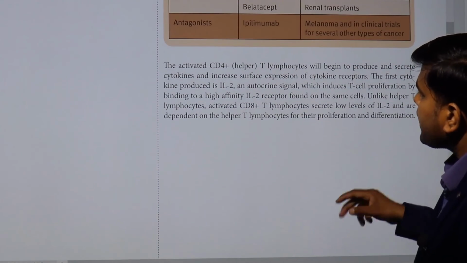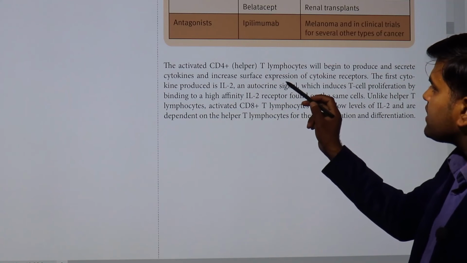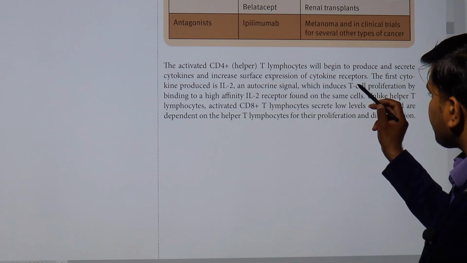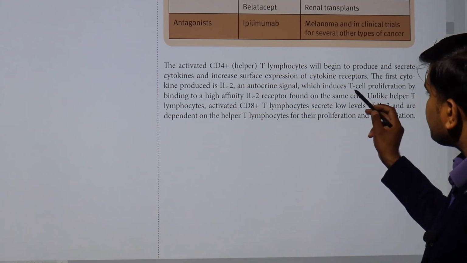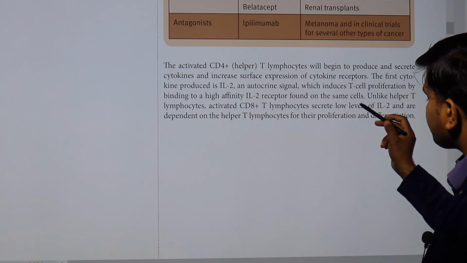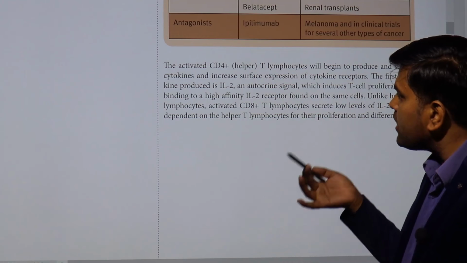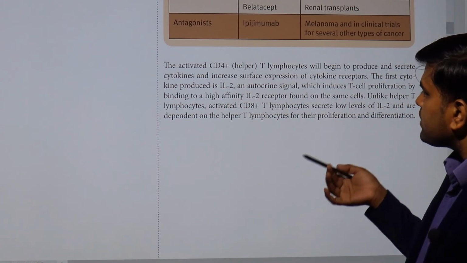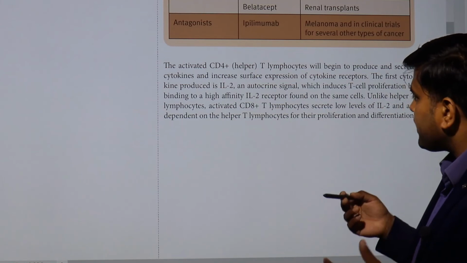There is another point: the activated T lymphocyte will begin to produce and secrete cytokines and increase the surface expression of cytokine receptors. The first cytokine produced is interleukin-2, an autocrine signal, which induces T cell proliferation by binding to a high affinity IL-2 receptor found on the same cell. We have discussed this. Interleukin-2 is released by the T cell and acts as an autocrine signal, so the same cell will proliferate.